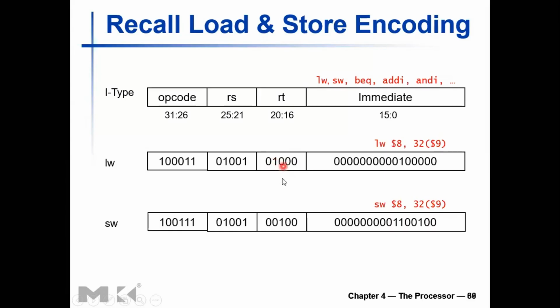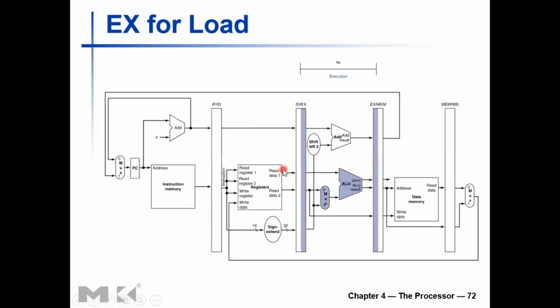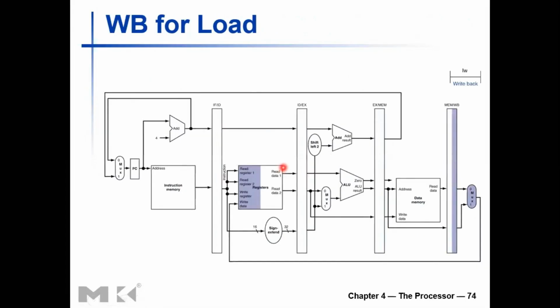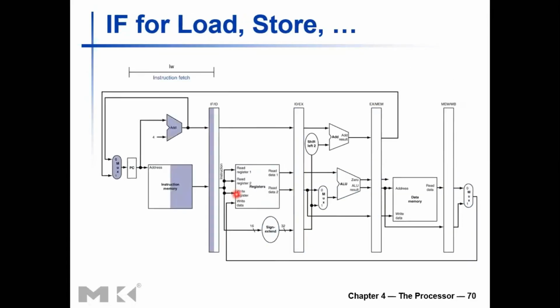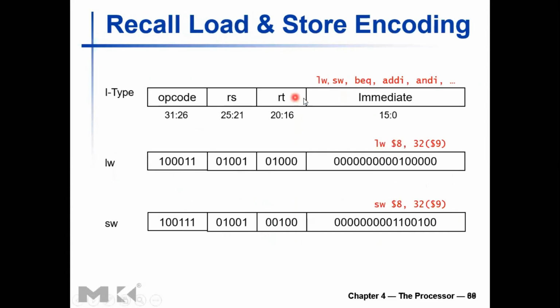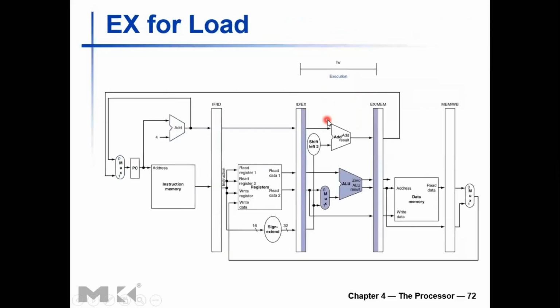And the other input that will go into the write register is for an R-type instruction. We will not have a big immediate value like that. For an R-type instruction, we will have 3 register operands, and the third one will be the destination register.